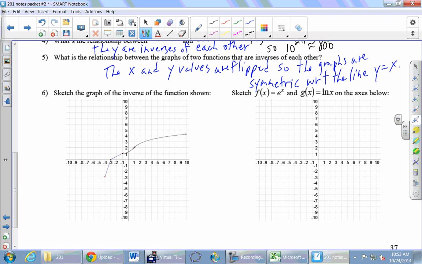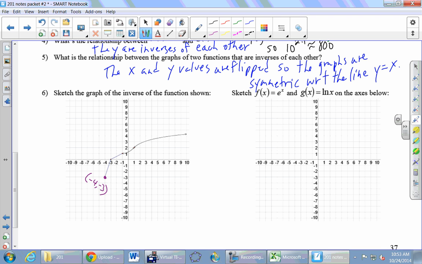So number 6 says sketch the graph of the inverse of this function right here. But let's just do it kind of piece by piece. So I'm just going to start over here at this point. The coordinates of this point are -4, -3. And I know that if I go to the inverse function, the x and y swap.